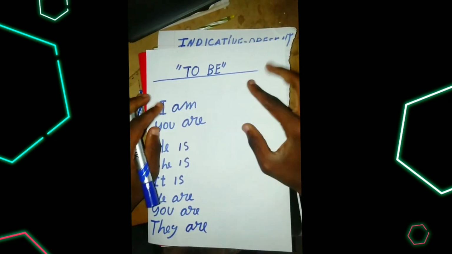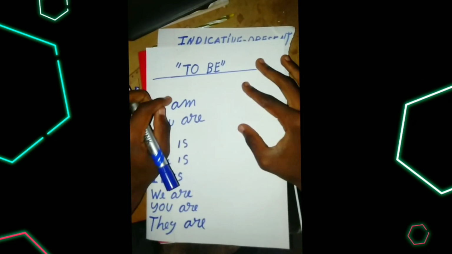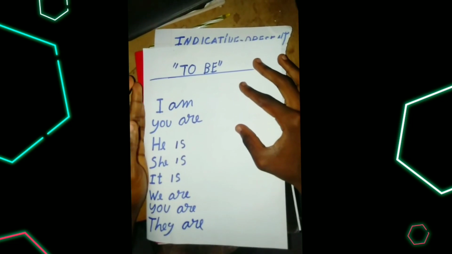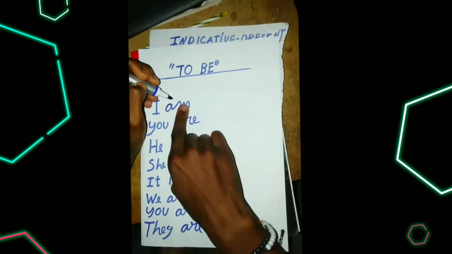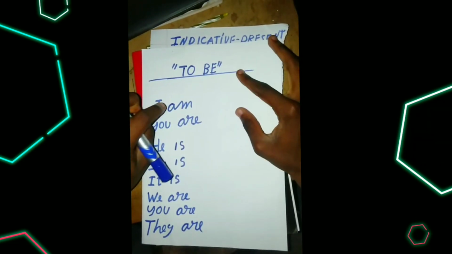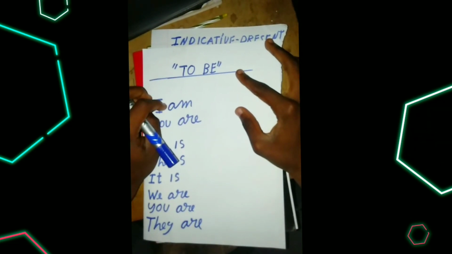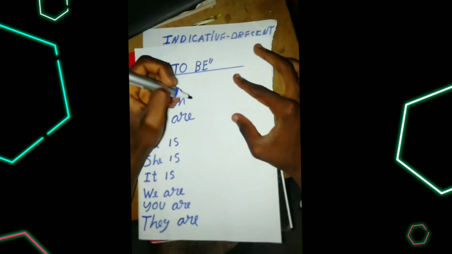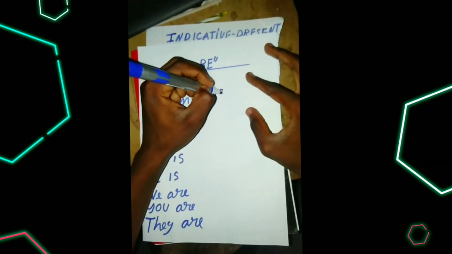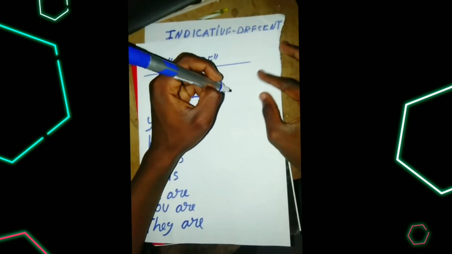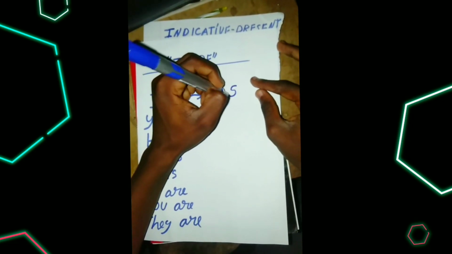I conjugated in the present simple or present indicative. I am is in the first person singular.